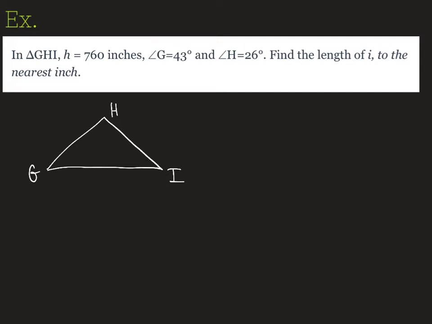It's telling us that side H, that's little side h across from angle H, is 760. It's telling us that the angle G is 43 degrees, and it's also telling us that H is 26 degrees. It might not seem like it, but we do have enough information to solve this because they're asking us to find the side length of I.